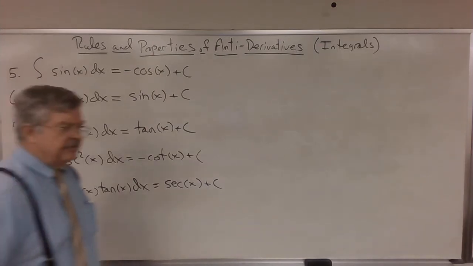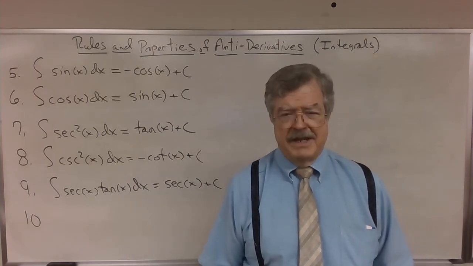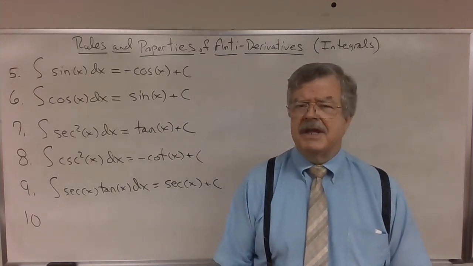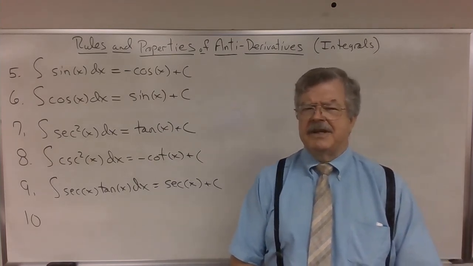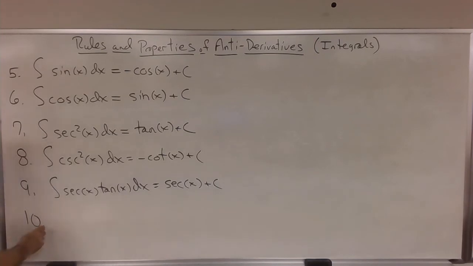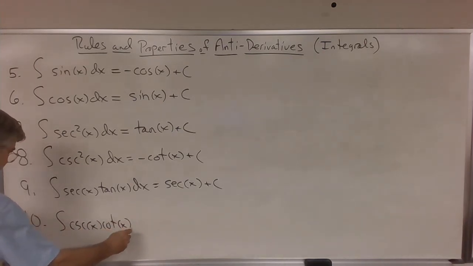And let me ask you something else. What do we get when we compute the derivative of cosecant x? Well, the derivative of cosecant x is negative cosecant x cotangent x. So what about positive cosecant x cotangent x?